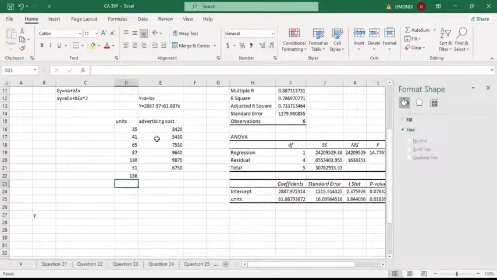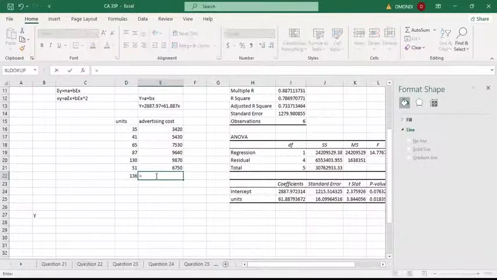What will be my advertising cost if I add 136 units? I will simply say is equal to fixed costs, which is this, plus, close the bracket, variable cost per unit. Remember, my fixed cost will not change, so I can lock these ones here.